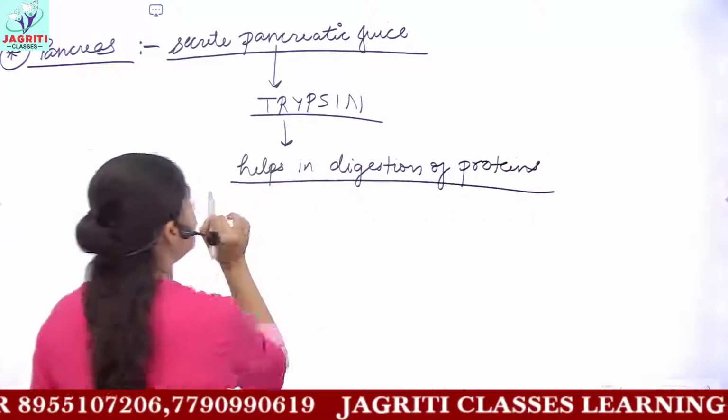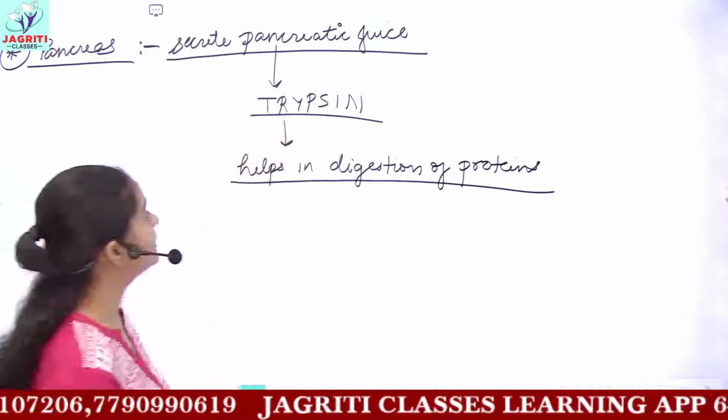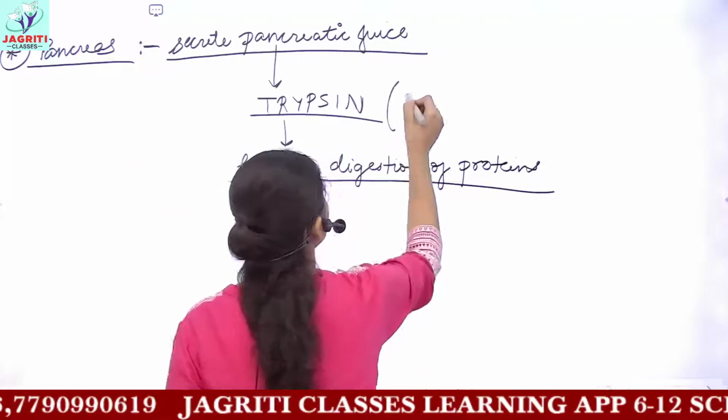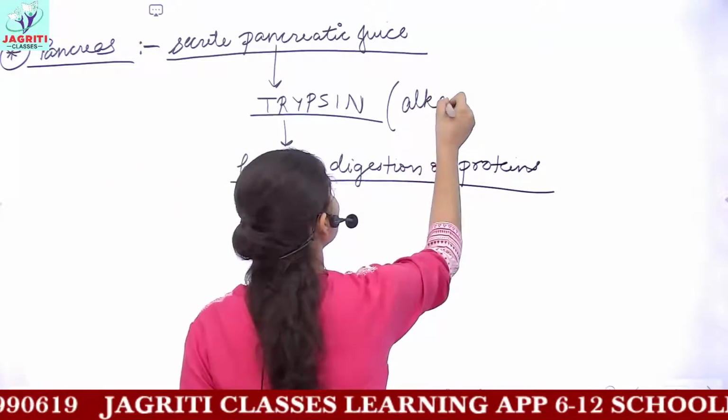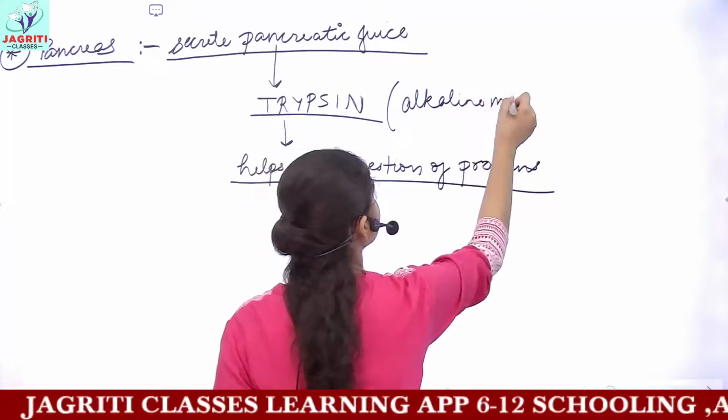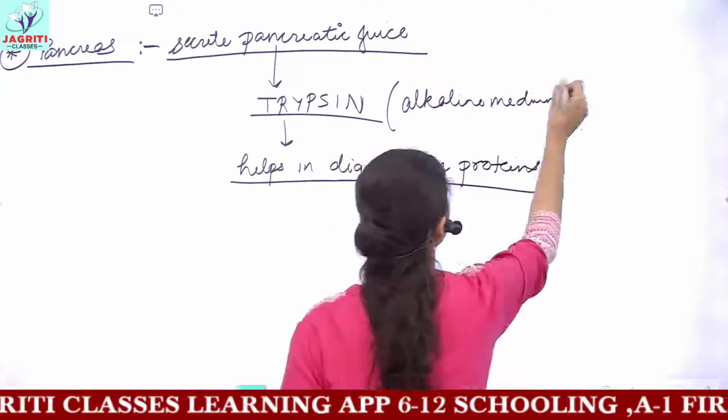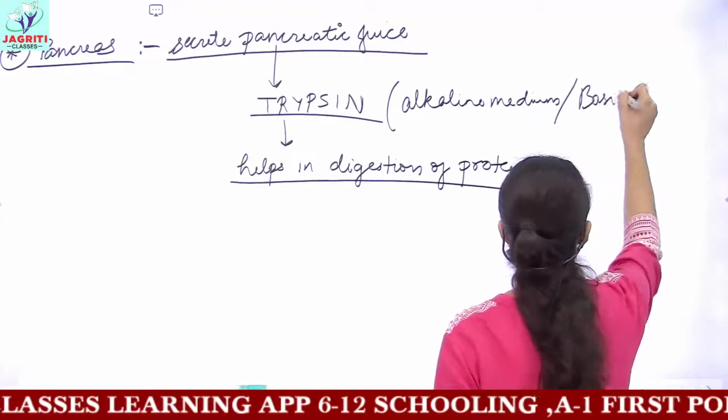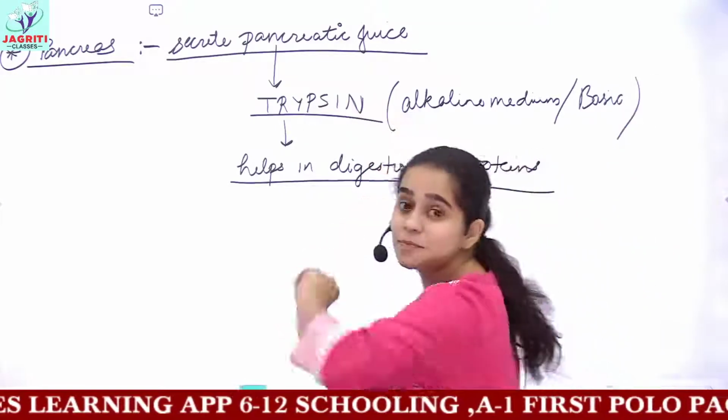But now the problem is this: for activation of this trypsin enzyme, you need to have an alkaline medium, or you can say you need a basic medium for the activation or working of this trypsin enzyme.